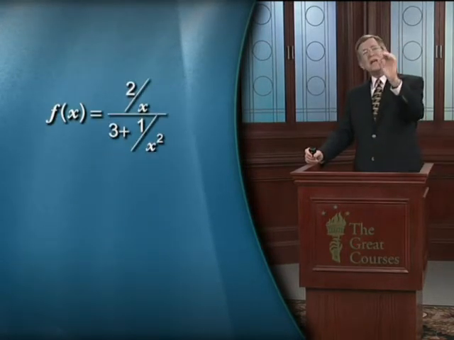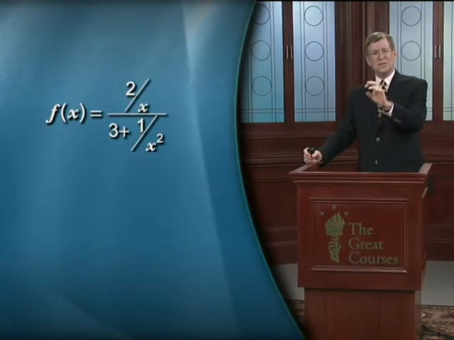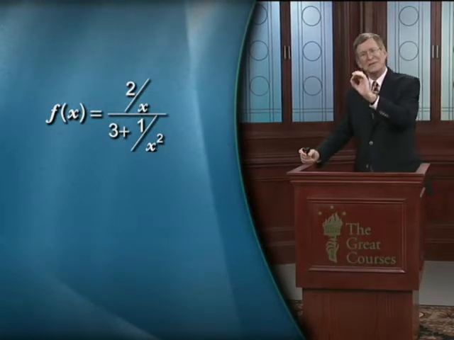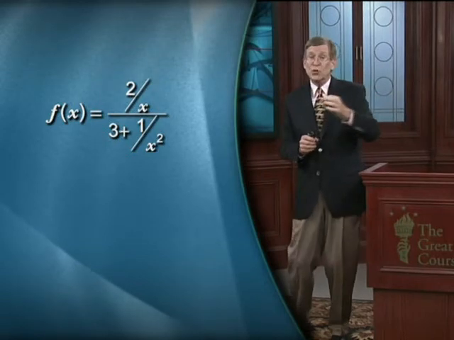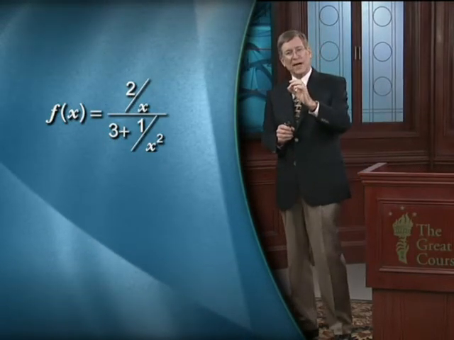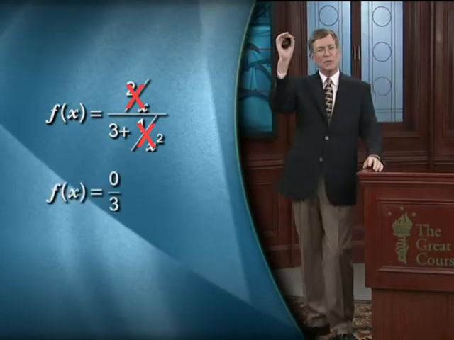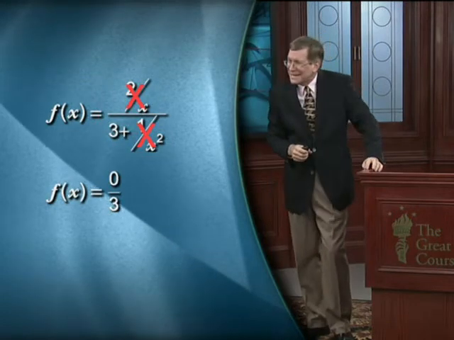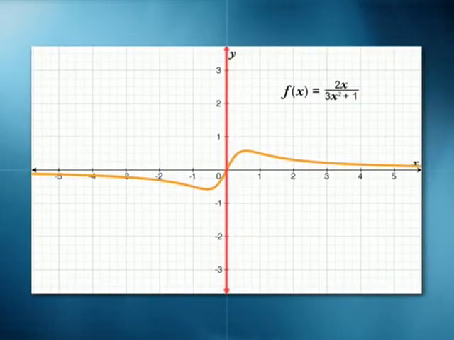So we've rewritten the rational function in a new form, but this form is easier to understand because look, when x goes to infinity or to minus infinity, when x gets really, really big, like a billion, the 2 over x and the 1 over x squared die off. They approach 0. And you're left with 0 in the numerator and 3 in the denominator. And hence the quotient is 0. So the limit is 0 as x gets larger and larger.